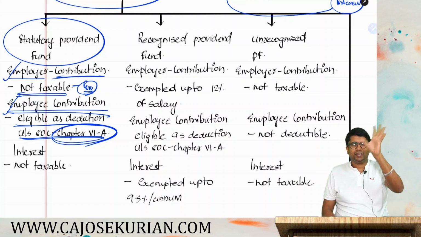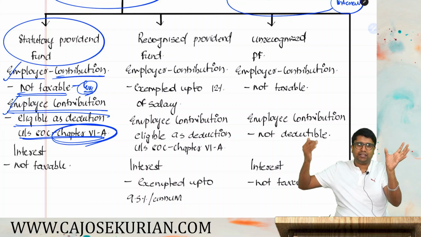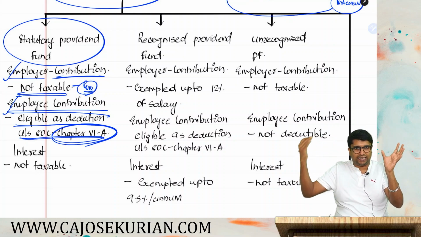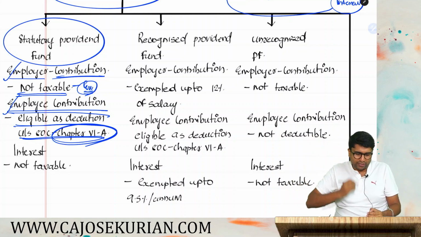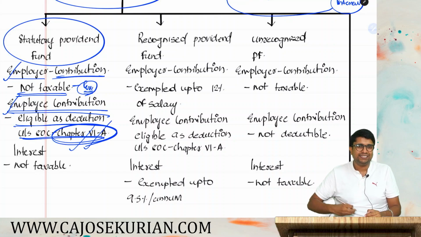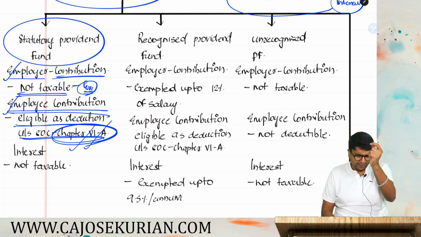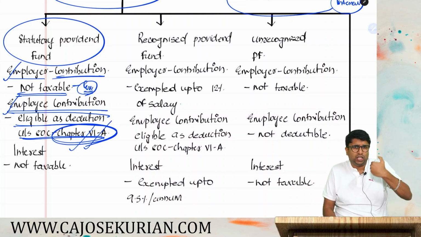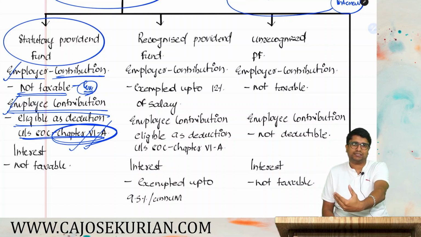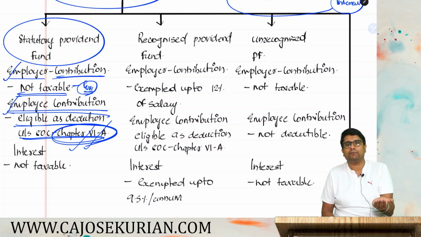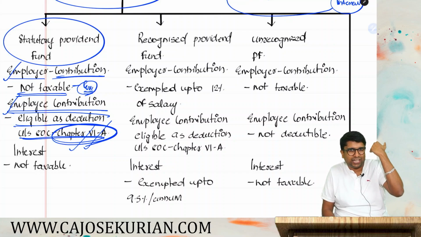When you compute the salary, you have to take the gross salary. After that, once you compute all the other head incomes, you club everything together and compute the gross total income. From the gross total income, under 80C, you can claim the chapter 6A deduction. So friends, please listen. When the employee contributes something from his own salary to a statutory provident fund, he can claim that contributed amount as a deduction under 80C under chapter 6A.